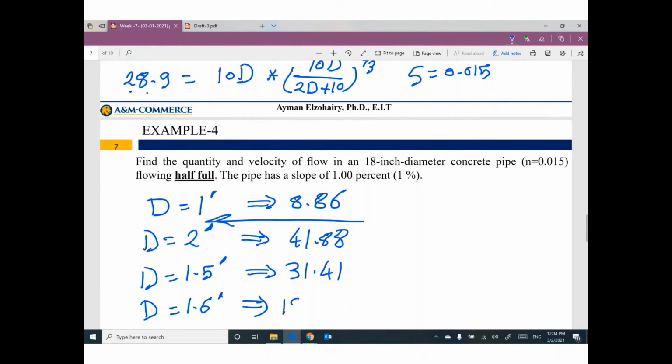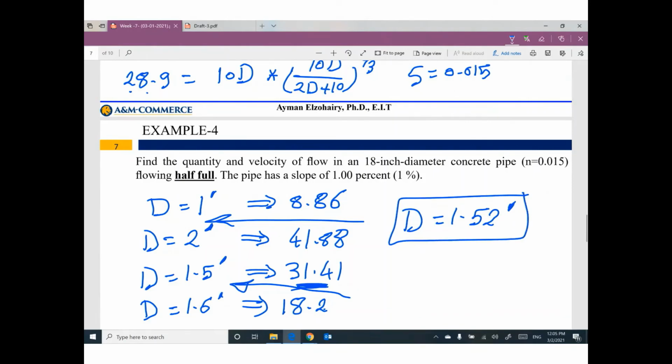Let me check it one more time. Yeah, so I think between 31 and 18, probably your depth will be 1.52 feet, something like this.